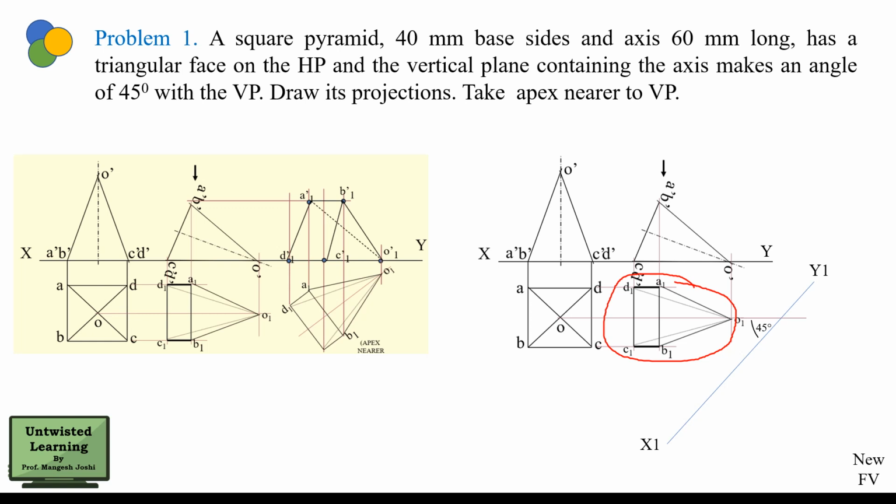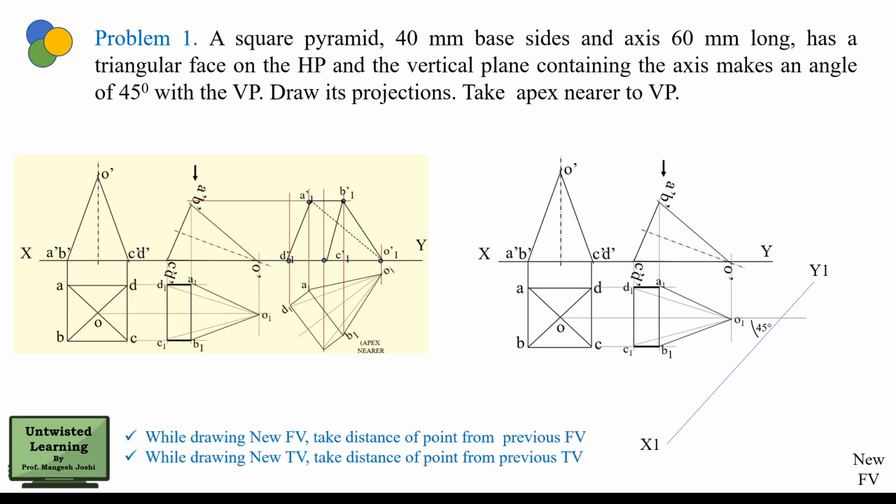Now your redrawing stage is over by simply drawing this XY line inclined at 45 degrees. Okay, so what you do next, you project all the points perpendicular to the XY line here. Always remember all the projections are at 90 degrees. So here you can see it is at 90 degrees to X1 Y1.